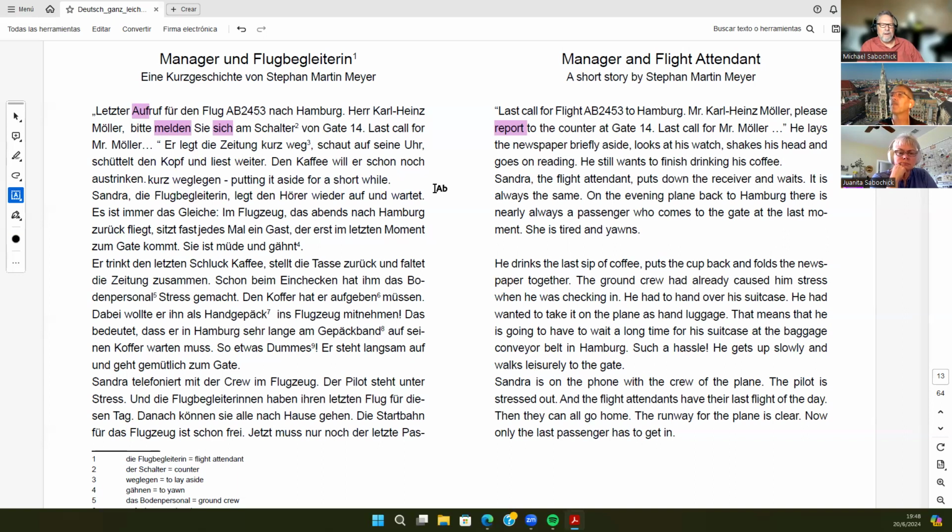So schaut auf seine Uhr. Just tell me the verbs you don't know yet. Schaut is schauen, to take a look. To look. Take a glance. Shakes his head. No. Looks.